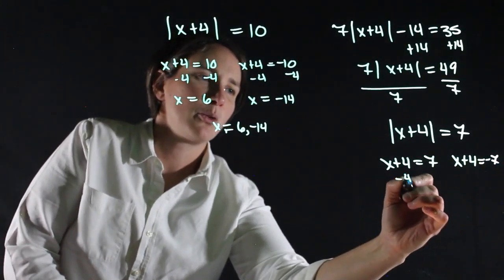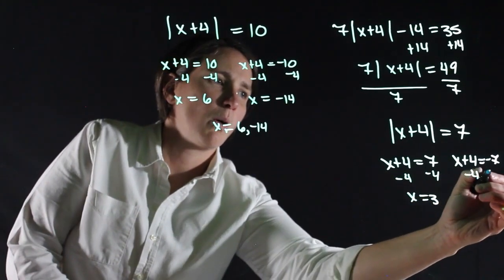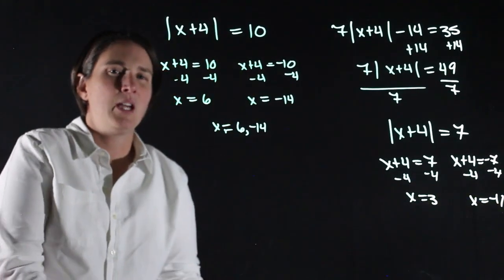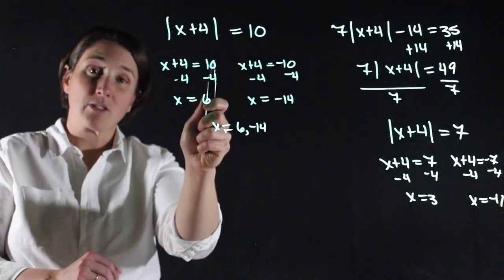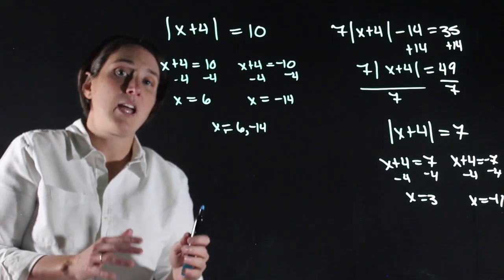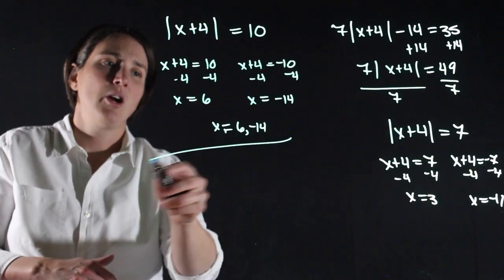So we get, minus 4, x equals 3, or x equals negative 11. The key to absolute value equations is to isolate the absolute value and then create a formula for the negative direction and the positive direction.